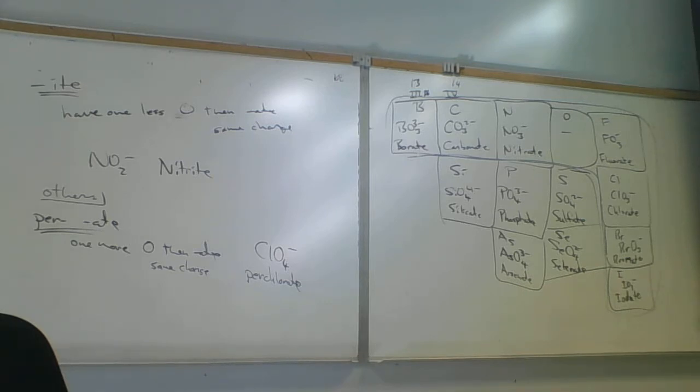Well, one thing we might want to do is just write out the series. So, for example, we know what chlorate is. What is chlorate? ClO3 minus. Then if we know what chlorate is, then we know what chlorite is. What is chlorite? ClO2 minus. And we can figure out what perchlorate is. What is perchlorate?